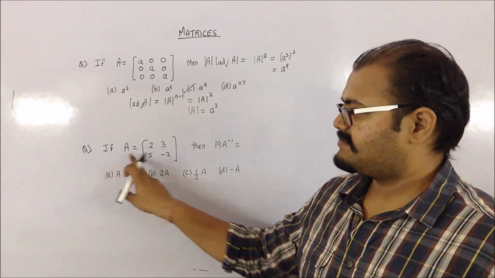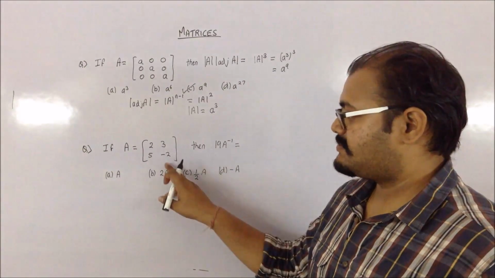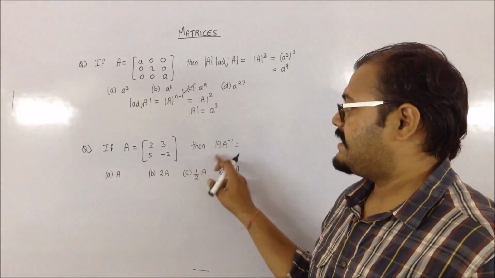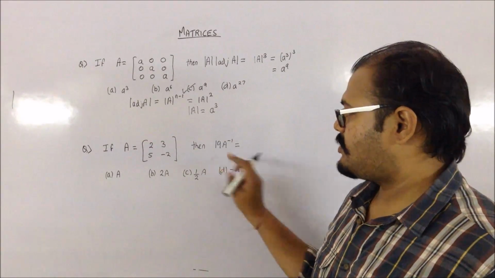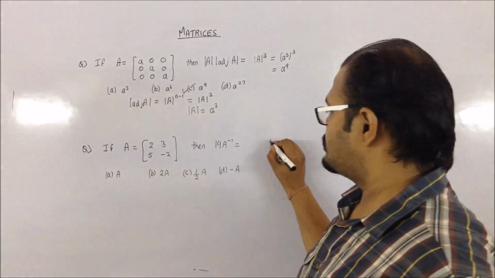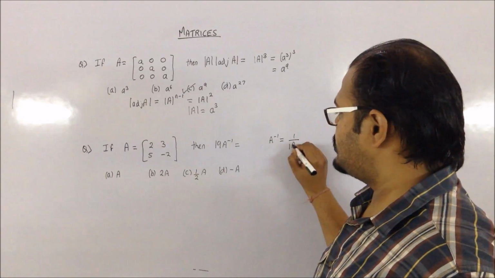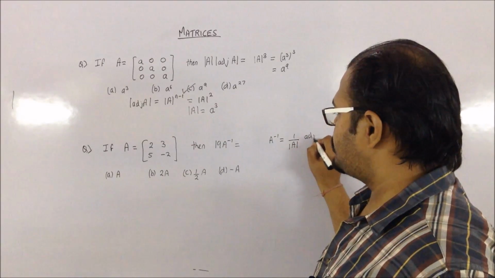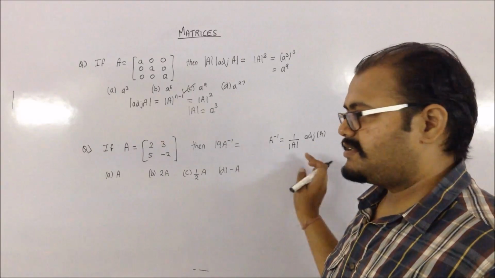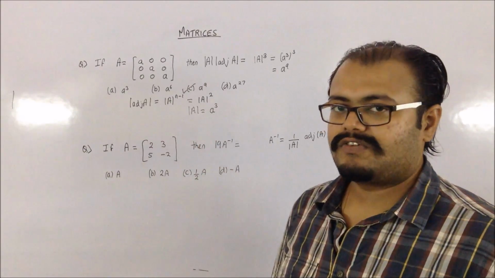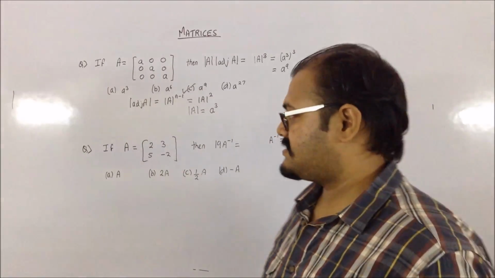The next one is, my A is given to me as a 2 cross 2, that is matrix of order 2. Then I have to find 19 into A inverse. Now the formula for A inverse is 1 by determinant of A into adjoint of A. Whenever you are having a matrix which is of order 2, then to get the adjoint it is very much simple.